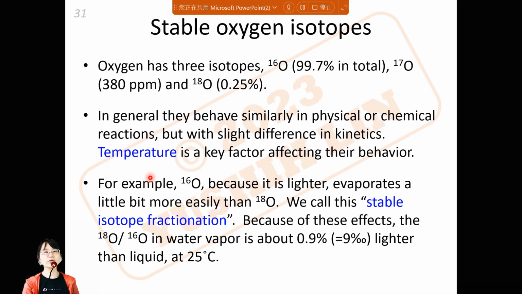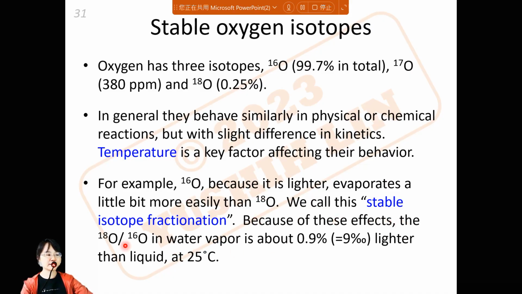And here, when you use the oxygen isotope as a geothermometer, you apply the principle here. Oxygen-16, because it is lighter, will evaporate a little bit more easily than oxygen-18. We call this stable isotope fractionation.